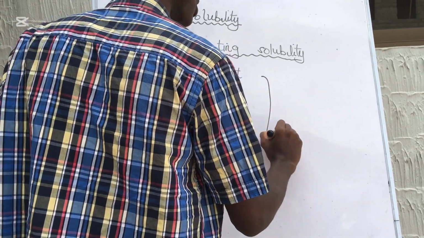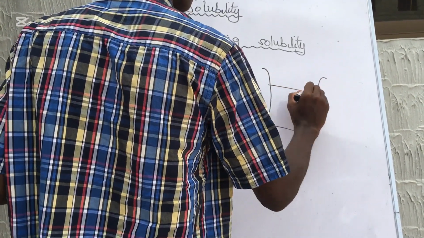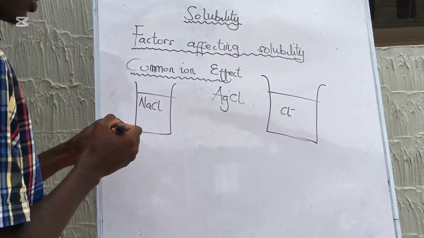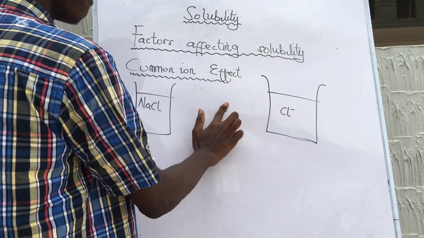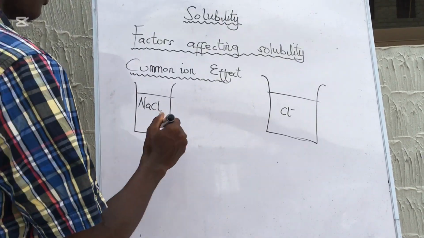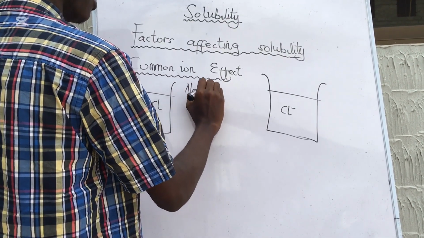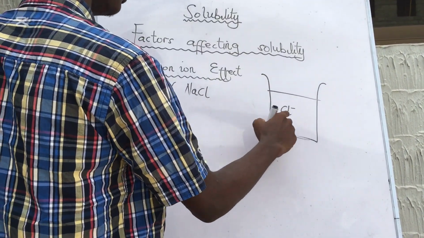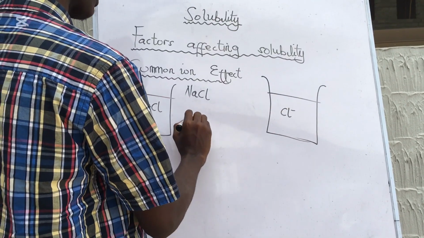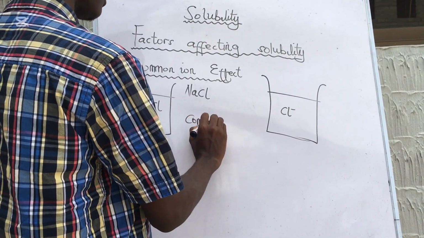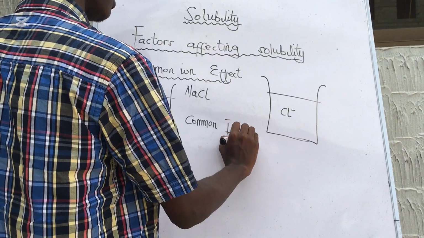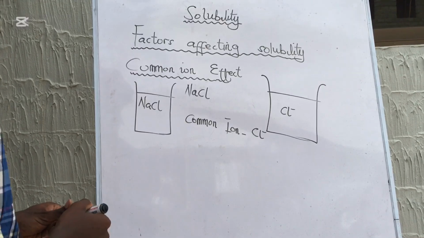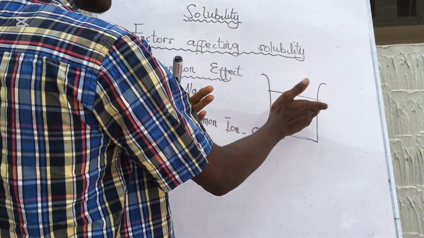If you're having a solution made up of a cation and chloride, so you already have chloride ion in the solution, and now you are dissolving a salt such as NaCl into this solution that already contains Cl minus, then the common ion here is Cl minus.